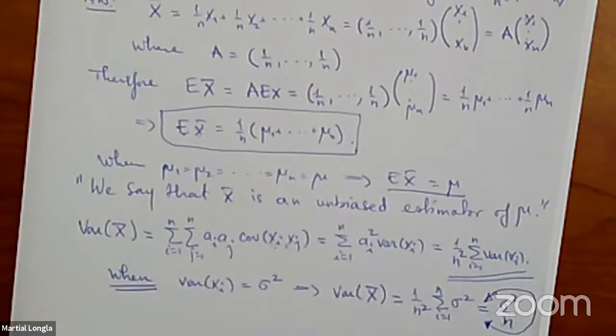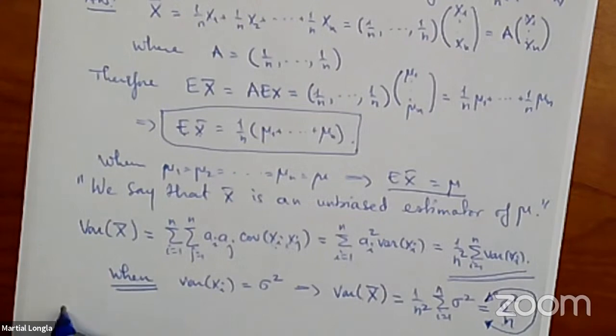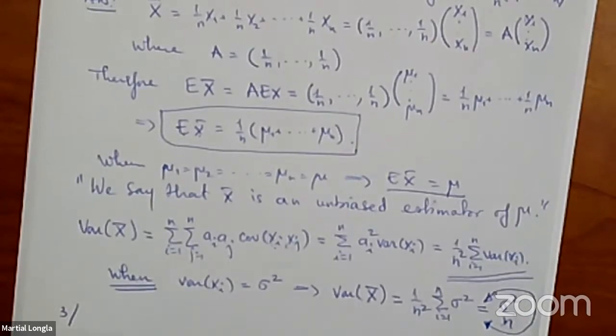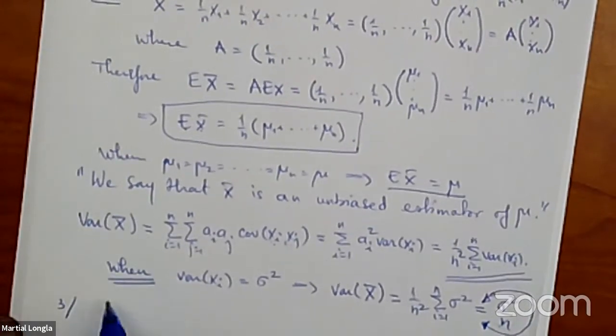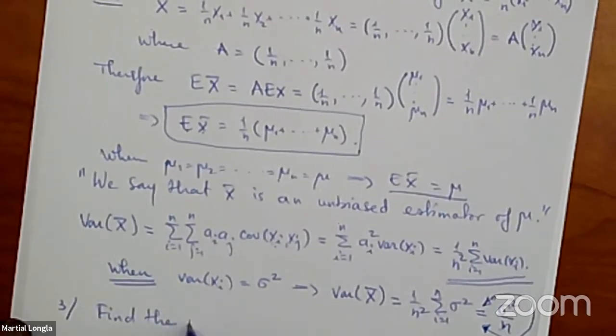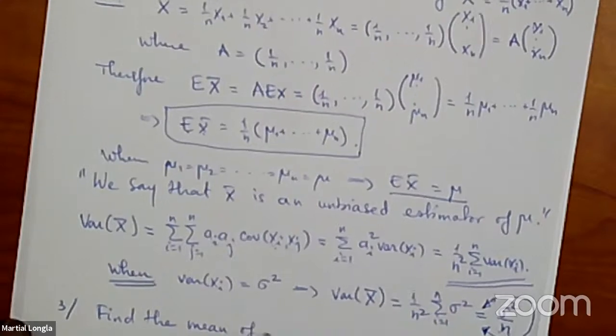So let's say there's another guy here actually. Question 3 here. And I can let you guys think about this. Usually when we use x bar in statistics, it has a friend that always comes with it. We call it s squared. So find the mean of s squared.